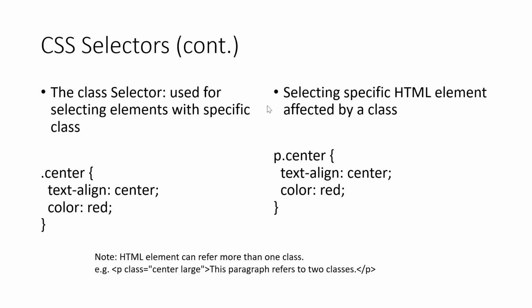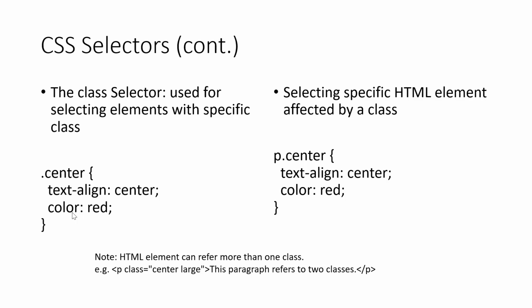Now, similarly, when you have to do it for many cases, we can define what we call class selectors. When we define class selectors, we can have several elements within a very specific class. Let's say we want to center something, so we can have a class center with a dot here. We make it align to center with the color set to red.